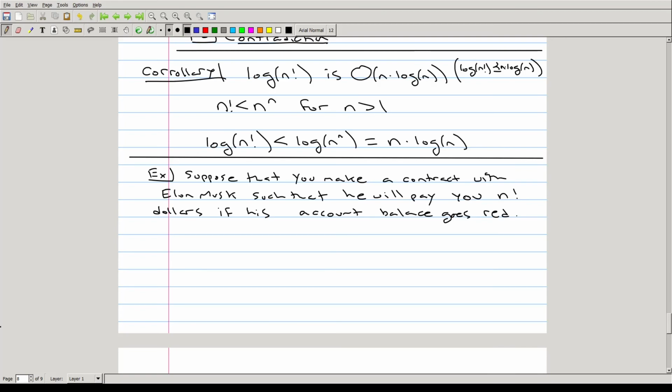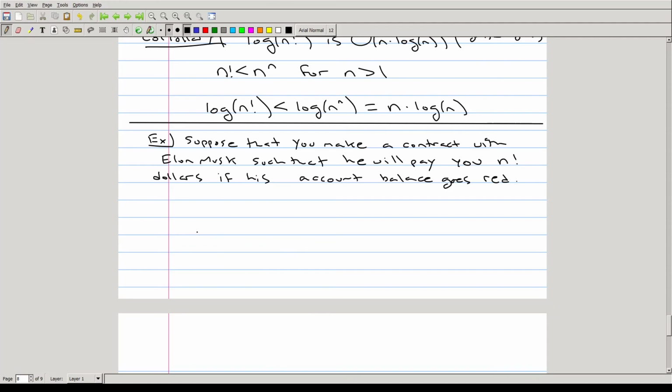And just for the sake of assumption, let's use his current net worth as the amount of money he has in his account. So his current net worth is 176 billion. And that's 176 with 9 zeros after it.